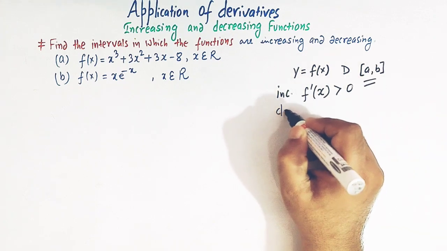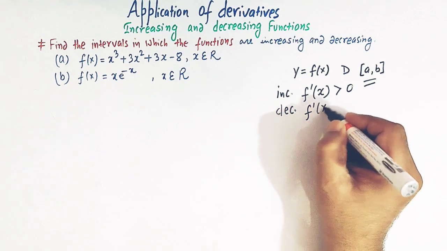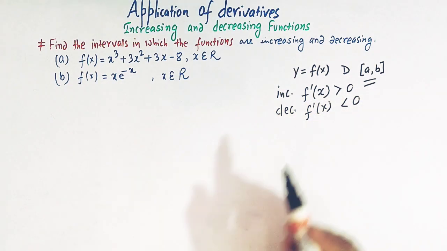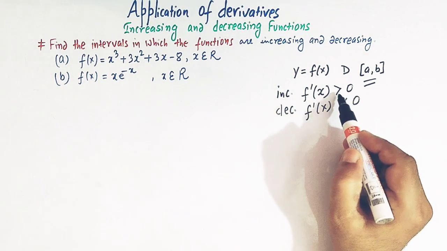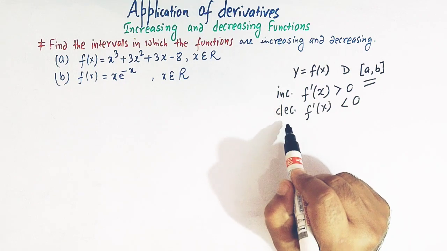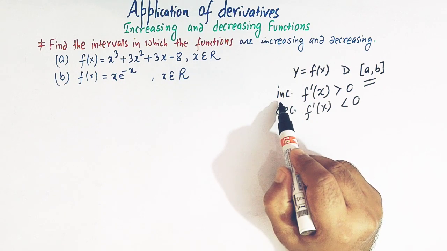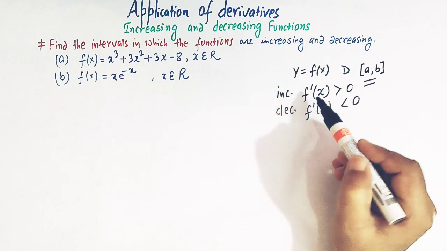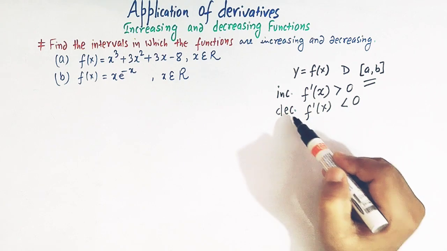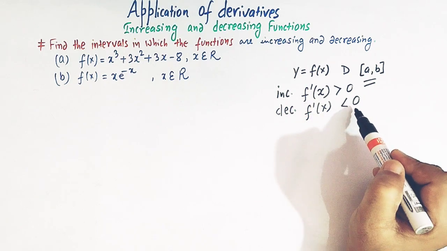And similarly, the function is said to be decreasing if the derivative is less than 0. Here we are dealing with the concept of strictly increasing and strictly decreasing. The function is strictly increasing if f prime of x is greater than 0, and strictly decreasing when f prime of x is less than 0.